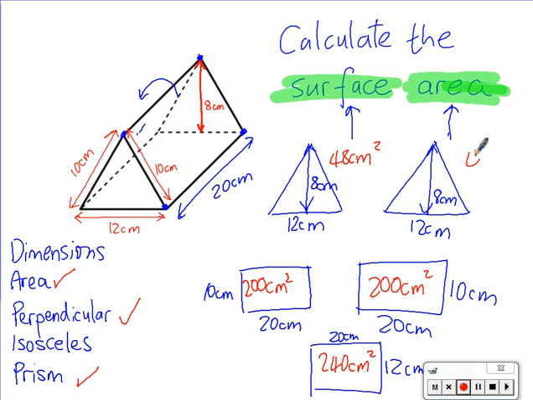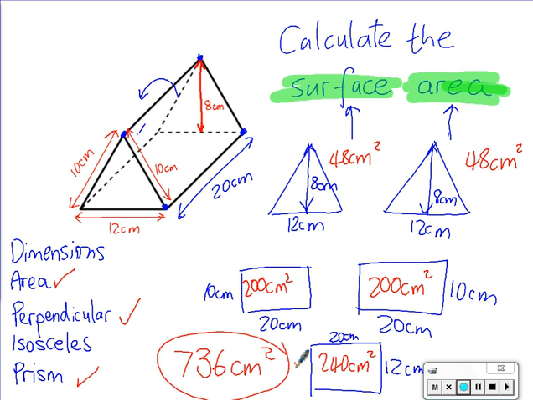And obviously it's the same for this other triangle. So if we add all those together, we get 96 for the two triangles. If we add the two identical rectangles, we get 496. And if we then add on the rectangle at the bottom, we end up with 736 centimeters squared. Breaking it down into its little steps.